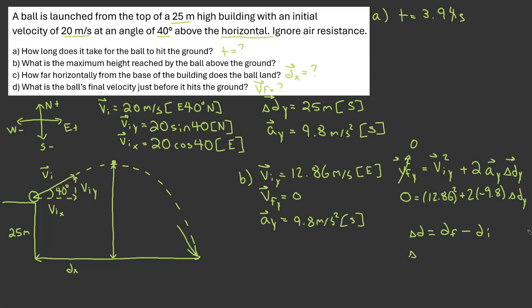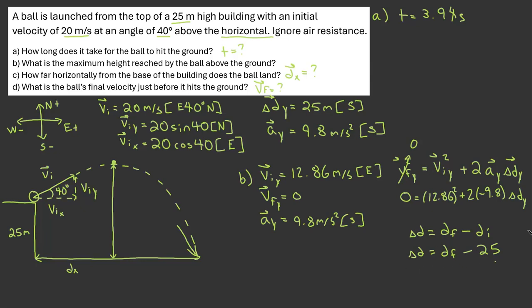So in this case, I'm actually solving for this df with respect to the ground, knowing that my initial displacement with respect to the ground is actually 25. I'm not going to put in negative 25 here. I know I said here that it's 25 south, but in this case, my DI is 25. I'm starting at 25 when the ball is launched. I just want to find what that DF is.